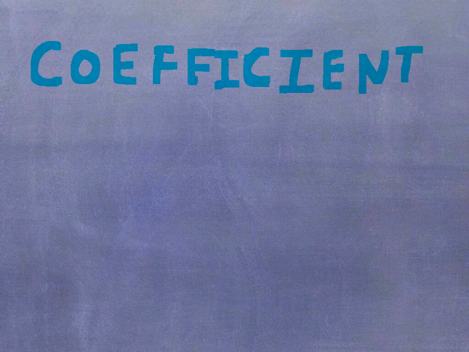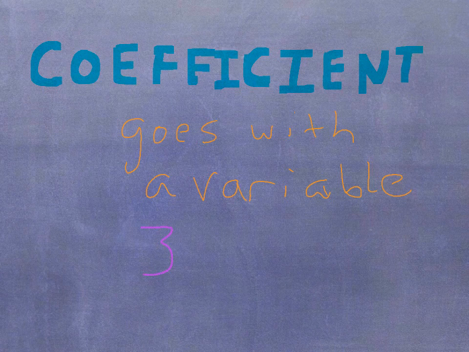So a coefficient goes with a variable. So for example, if we have 3x, the coefficient is 3. The variable is x.